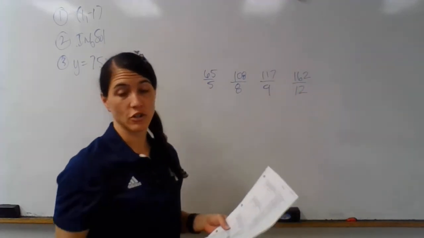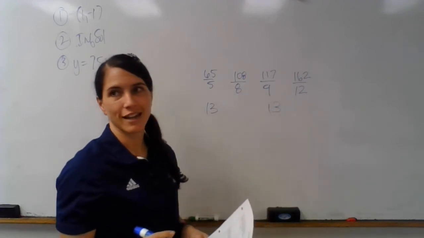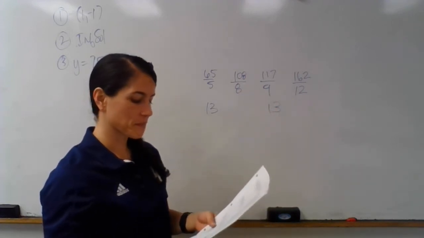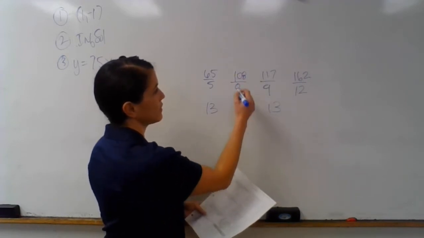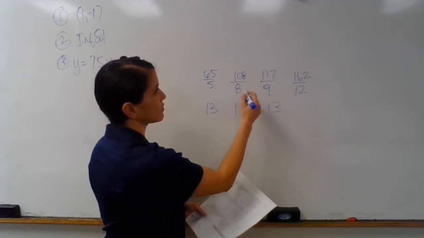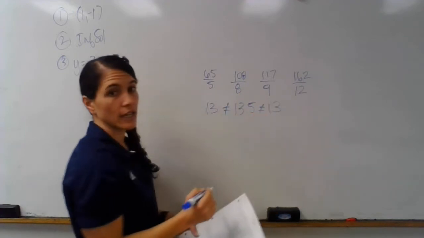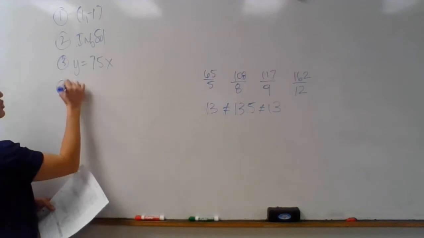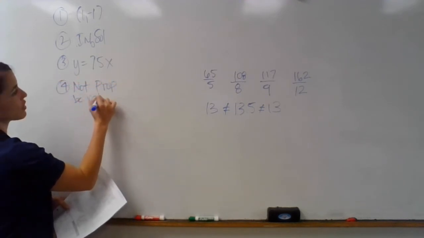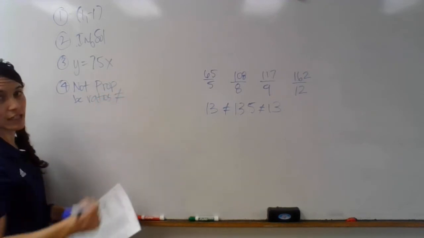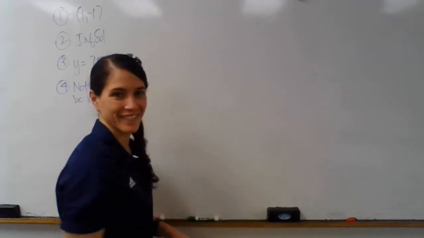You would type those into your calculator, and I know 65 over 5 is 13. 108 divided by 8 is 13.5. So they are not equal. It's not proportional because the ratios are not equal.